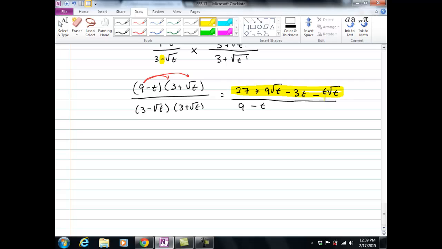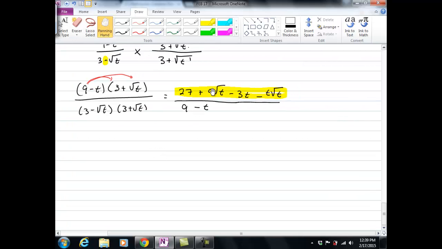The question is, how in the world do you factor that? There's a special technique for this. When there are 4 pieces, 1, 2, 3, 4, there's a technique called factor by grouping.